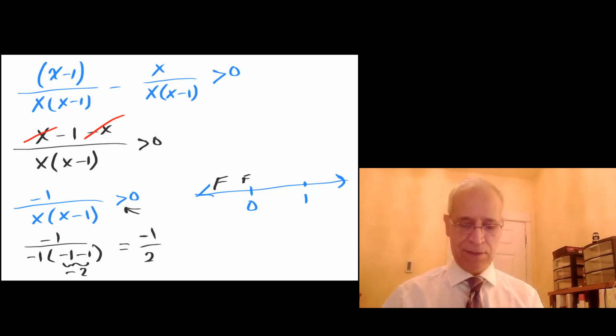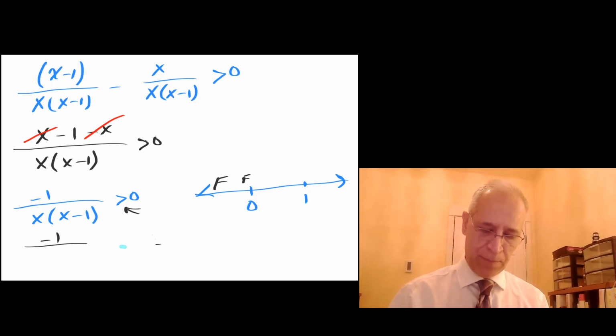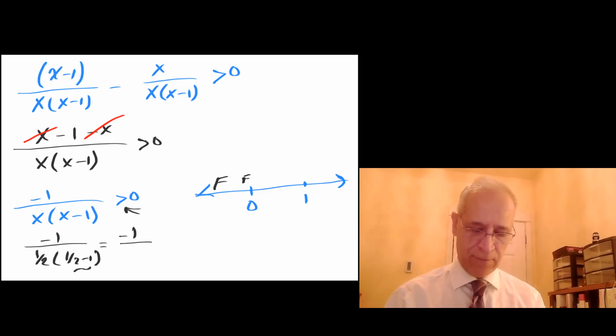Pick a number between 0 and 1, let's say 1/2. If I put positive 1/2 for x, I'm going to have 1/2 times 1/2 minus 1. So that gives a negative 1 over, this gives a negative 1/2 times 1/2, which is negative 1/4.